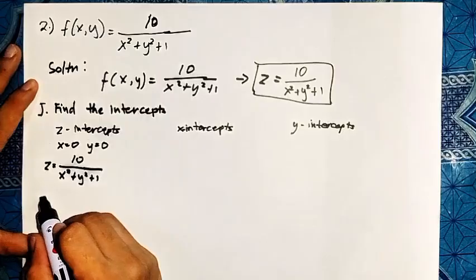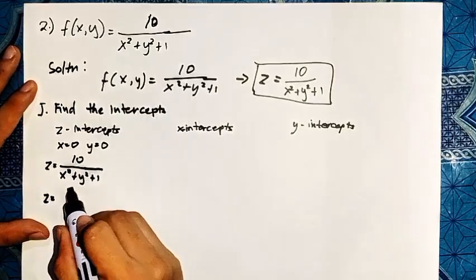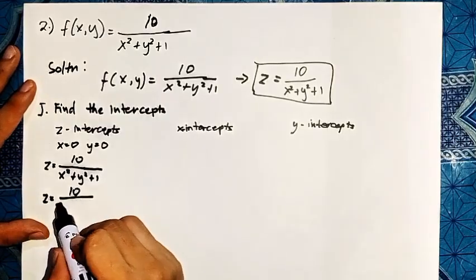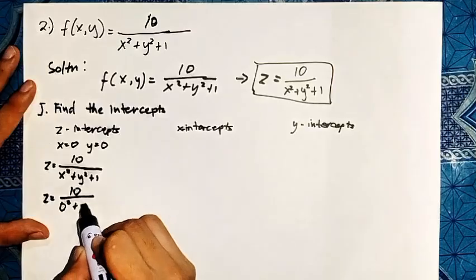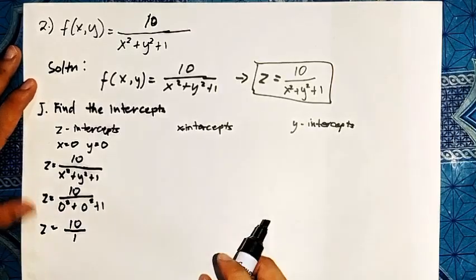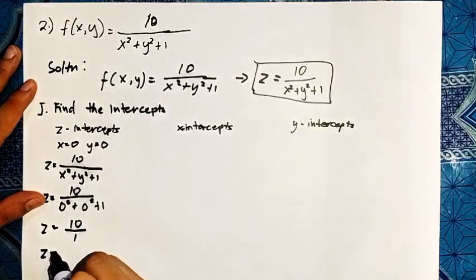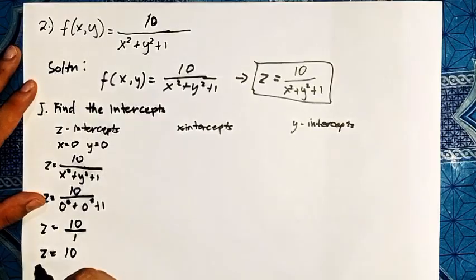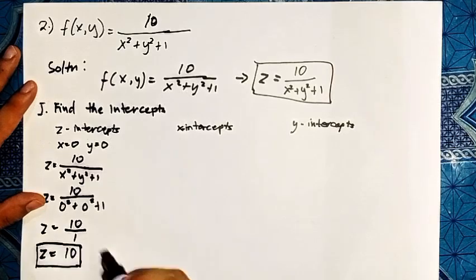So we have z is equal to 10 over 0 squared plus 0 squared plus 1. So z is equal to 10 over 1, and 10 over 1 is equal to 10. So we have 0, 0, 10. That is our z-intercept.